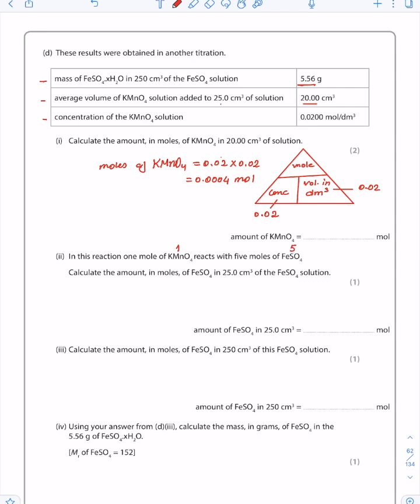Calculate the amount in moles of iron sulfate in 25 cubic centimeter. In part I we found the moles of potassium manganate, so we can now get the moles of iron sulfate by multiplying the moles of potassium manganate times 5, the ratio 1 to 5. What will it be? It will be 0.002 moles. So my answer here is 0.002, and above, my answer was 0.0004.